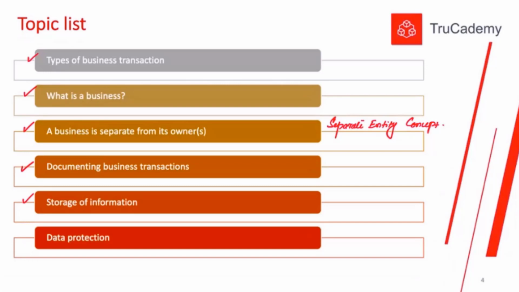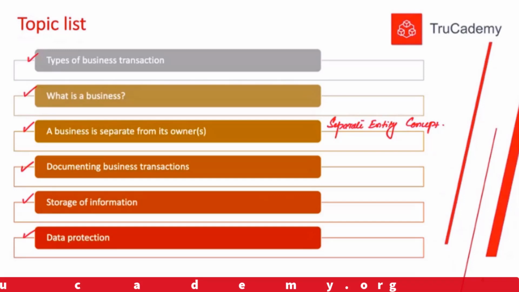So how we can store this information, where we can store it, and what different ways we have to store it. And last but not the least, data protection, that any business which is collecting data from their customers, suppliers, or employees, how they can protect that data from any sort of misuse. So all these topics we will be looking at in this chapter 1. All right.